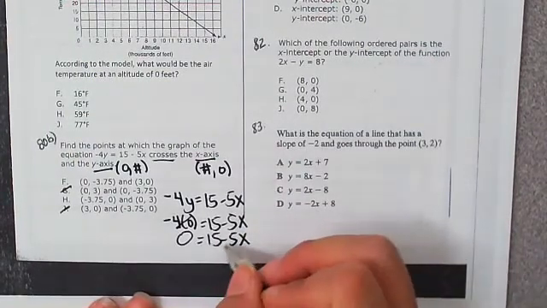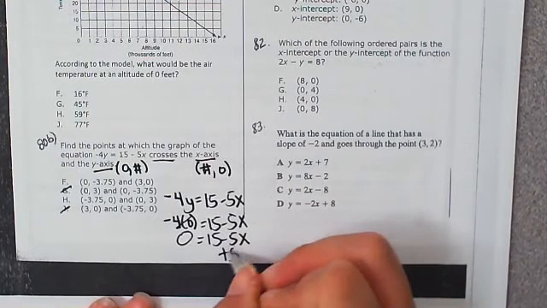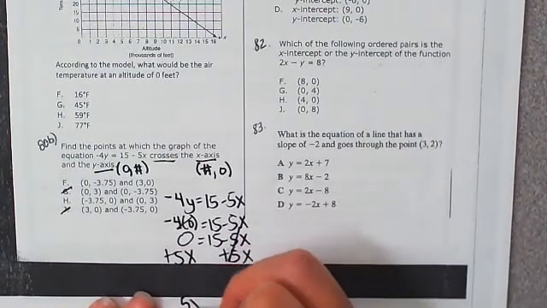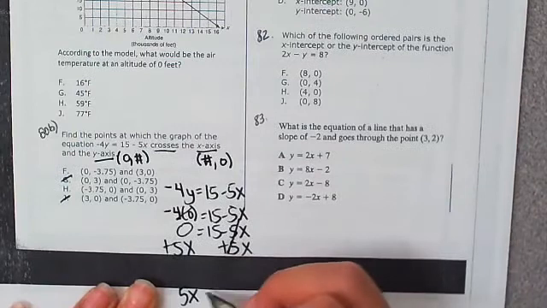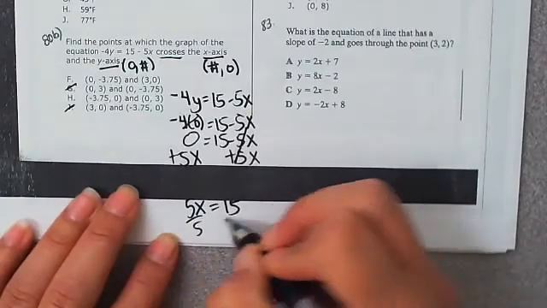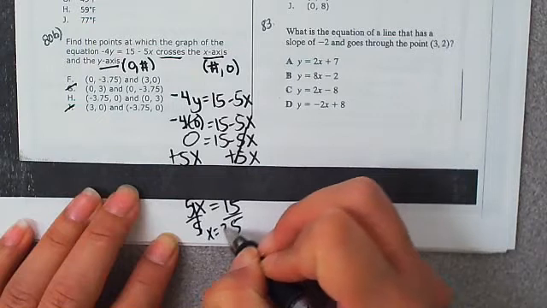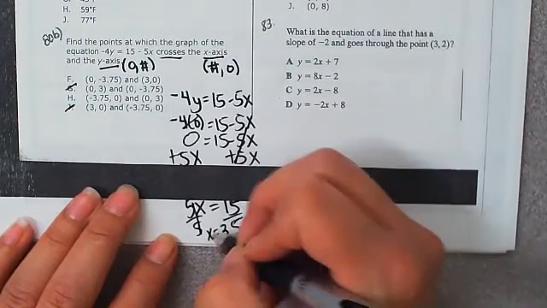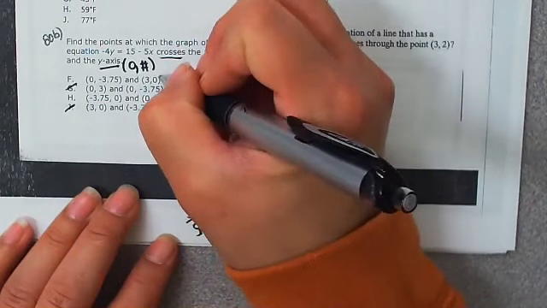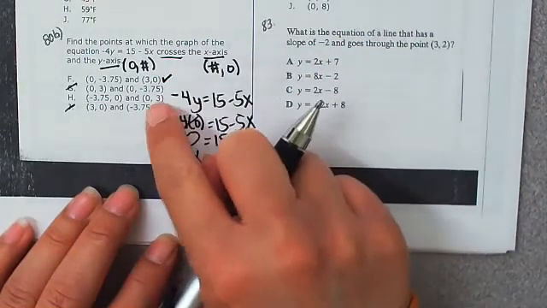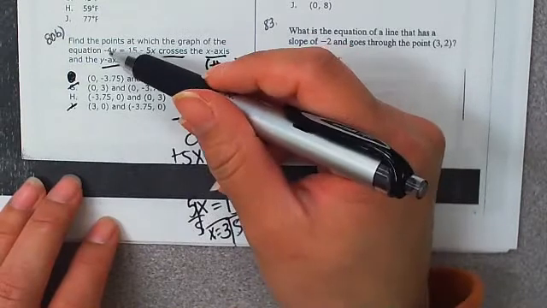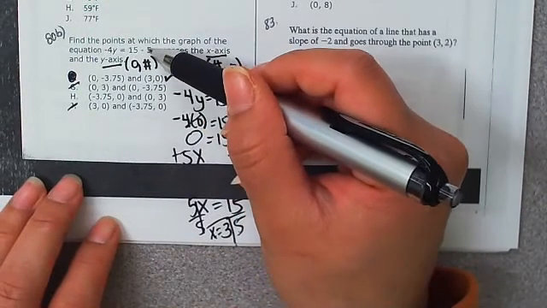Now you're going to solve for x. 5x equals 15. Divide by 5, divide by 5, x equals 3. So my x-intercept is 3, 0. So that's why my better answer is F, 3, 0, not 0, 3.